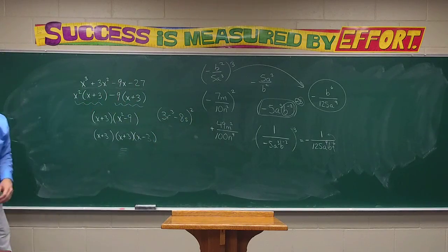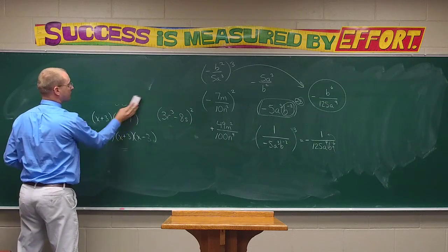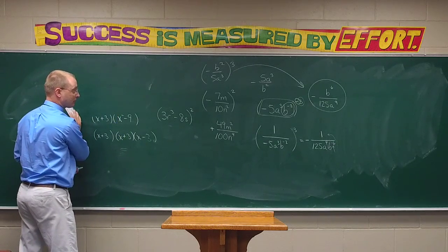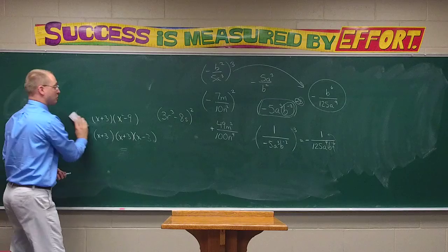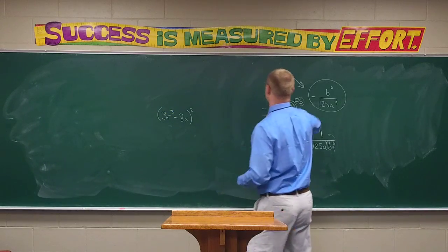How do we square a binomial, class? Yeah, square the first, square the last, multiply and double. Let your seats do that while I erase the board.